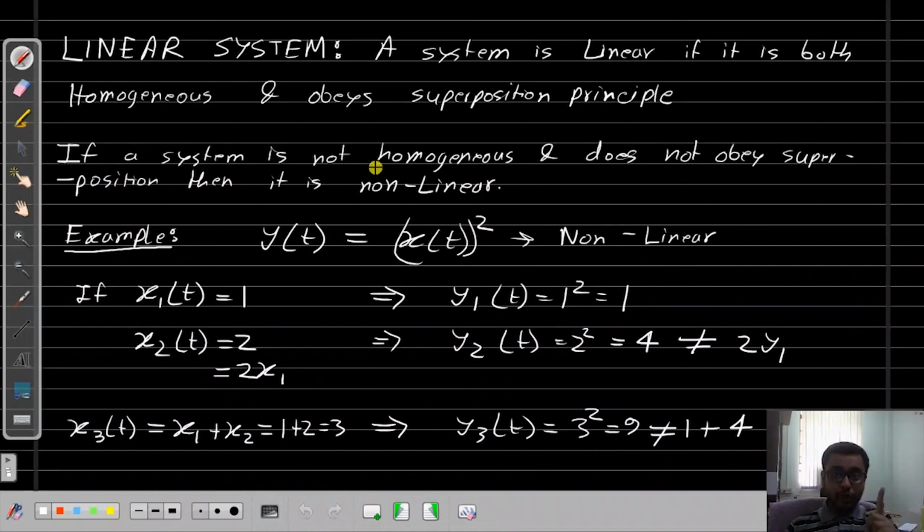So the most important thing that we have learned today is what is a linear system. A system is linear if it obeys the superposition principle and homogeneity.